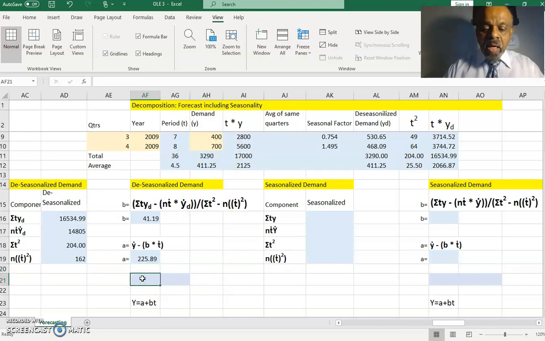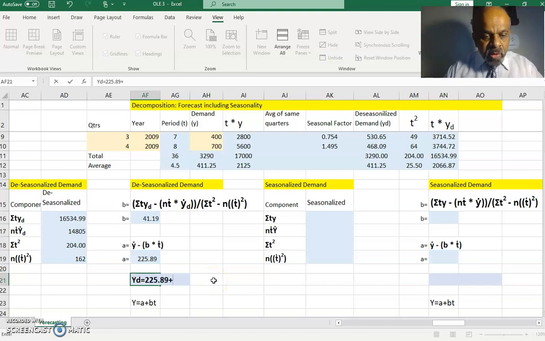So my linear equation is YD equals A, which is 225.89, plus B, which is 41.19, times T. That is going to be my linear equation for deseasonalized demand.